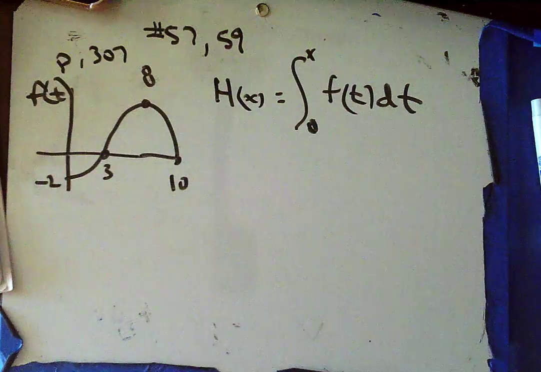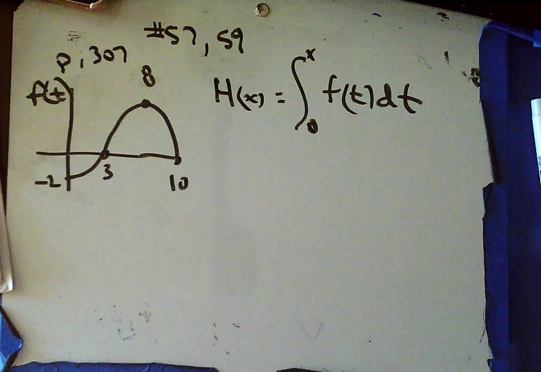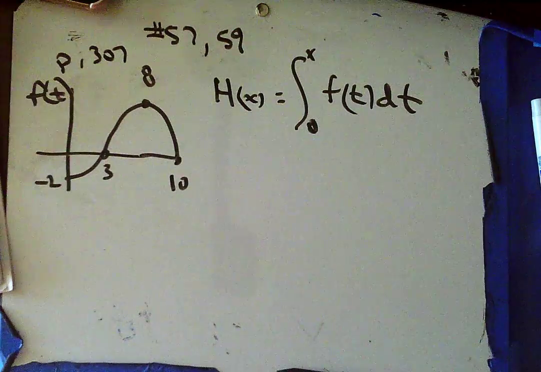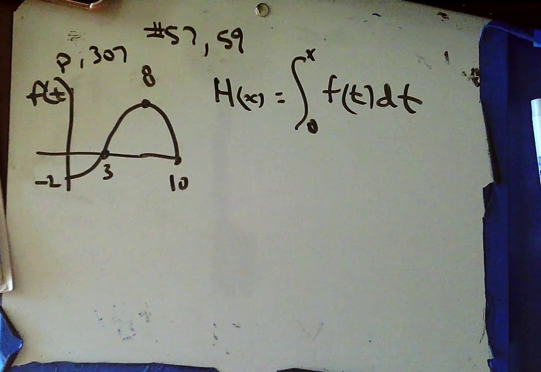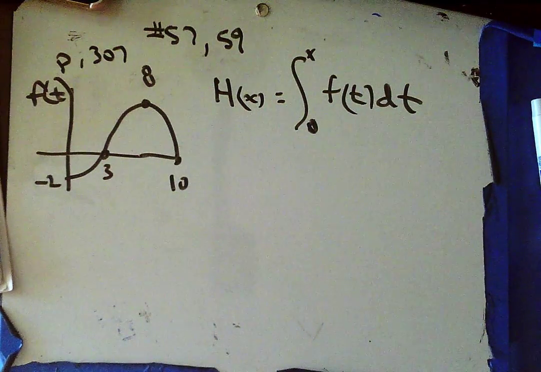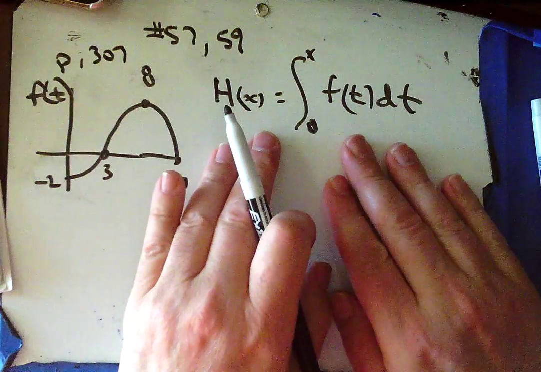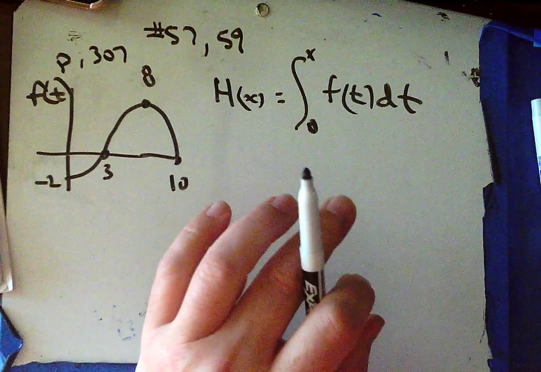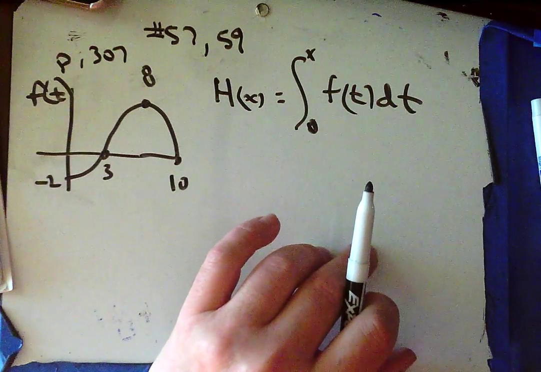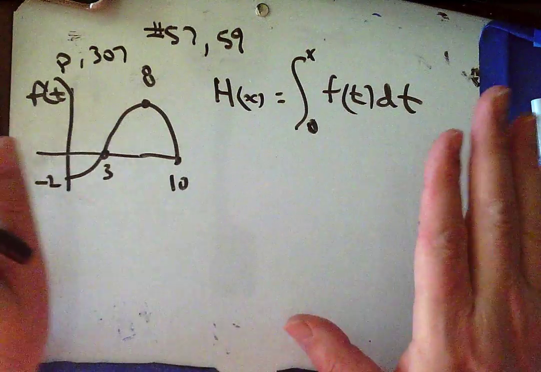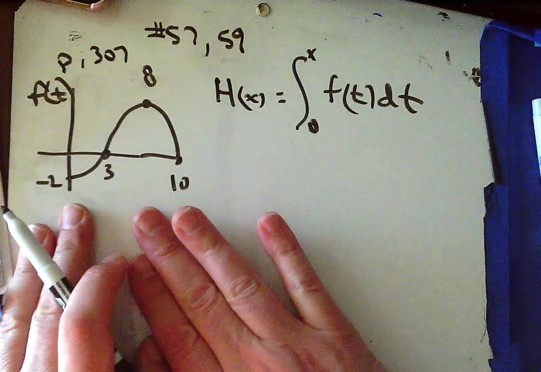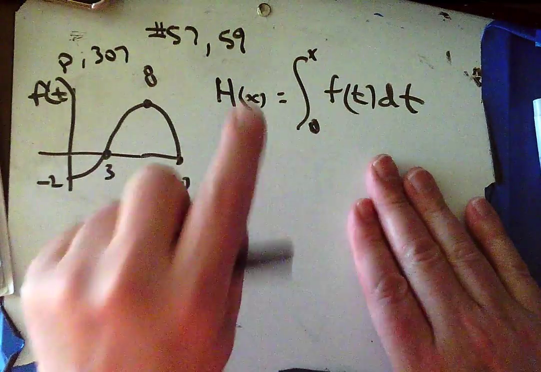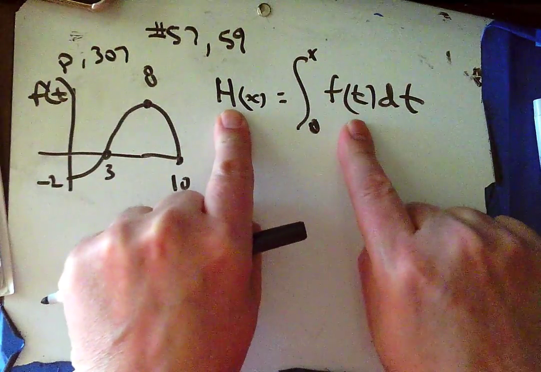Okay, so what does that mean? Well, I don't know if you recall, but I definitely said in a previous video that it would be so worth your time to actually understand what it is you're looking at before you look at any of the questions. Okay? So, without looking at the questions yet, what does this mean? Well, this is the antiderivative of that.